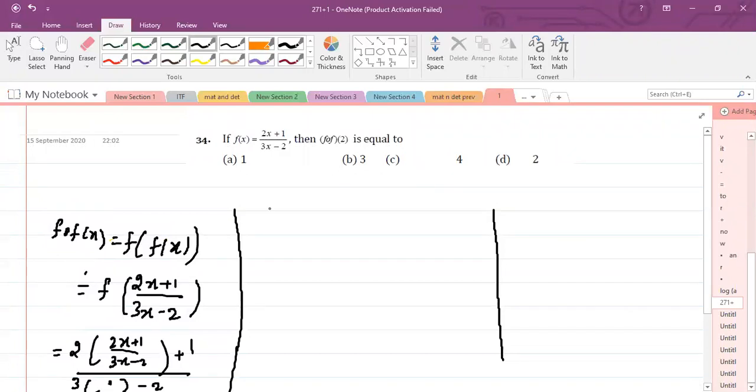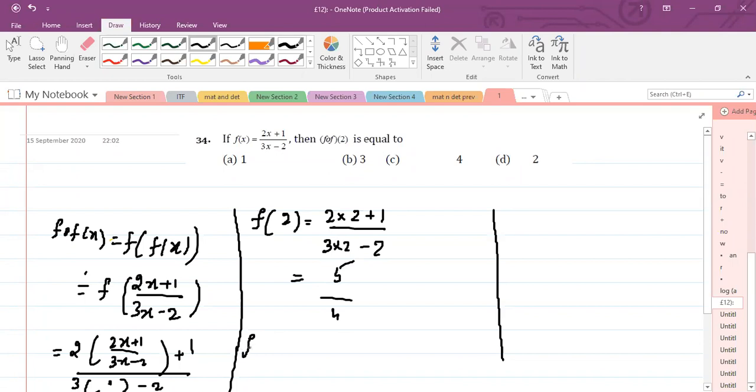Another method is, first of all, you need to find f of 2. f of 2 is equal to 2 into 2 plus 1 divided by 3 into 2 minus 2. So here you will get 4 plus 1, 5, divided by 4, 5 by 4.